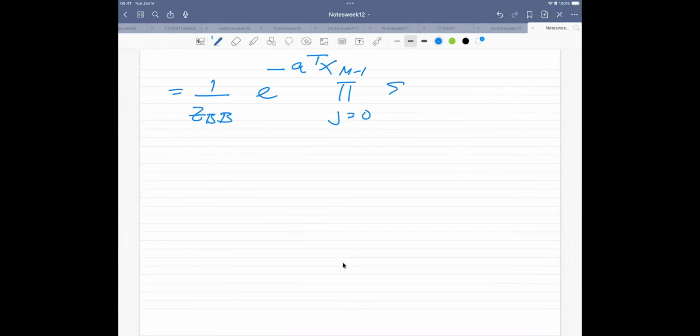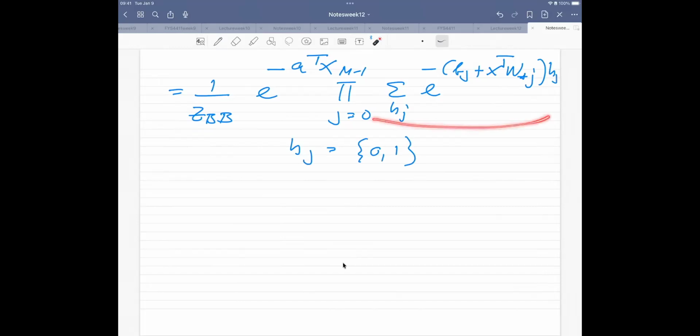And this is then given by the sum over the different h_j's, and then I have exponential minus, and then I have b_j plus x transpose times the matrix, with the right row elements and j columns here, multiplied with h_j. And now we know that the h_j takes values only of 0 and 1. So that means that this sum is a sum we can evaluate because it's just 0 and 1.